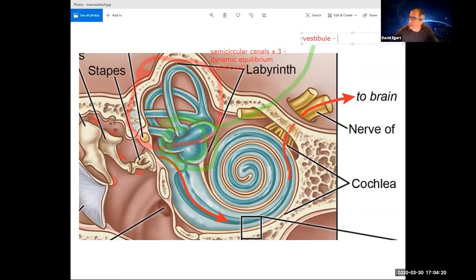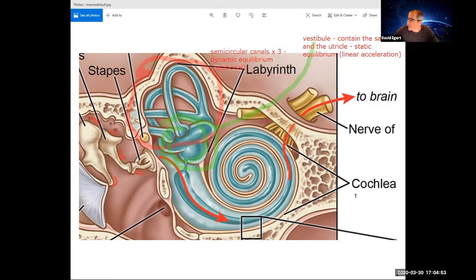This is going to contain a saccule and a utricle, which are going to do what's called static equilibrium. Sometimes people also think about them as detecting linear acceleration. That'll all make more sense when we look at it in more detail.